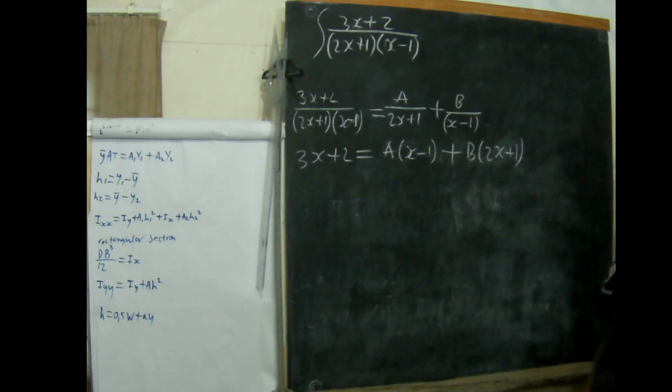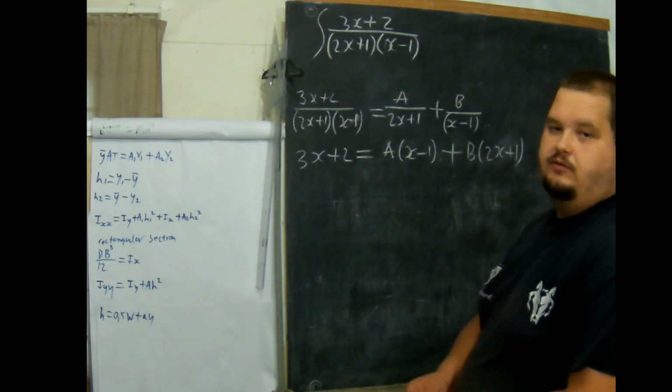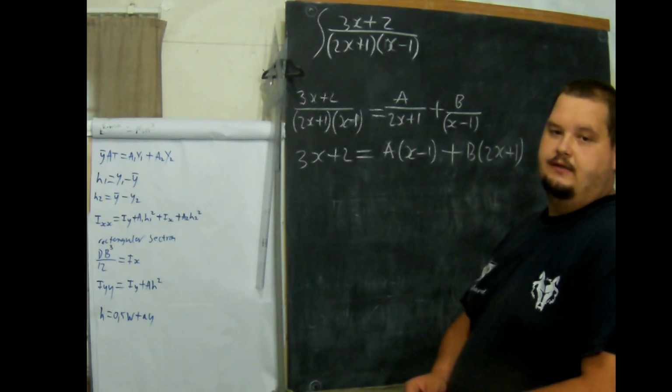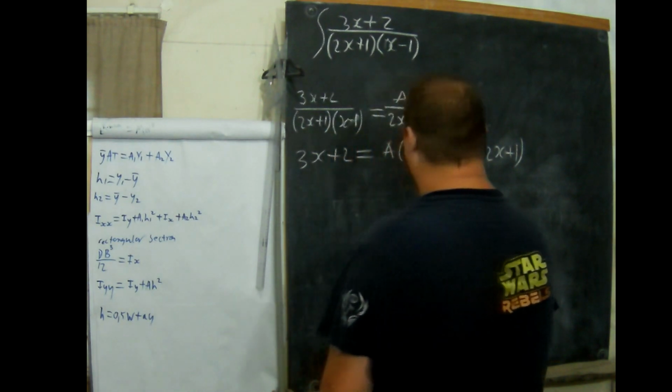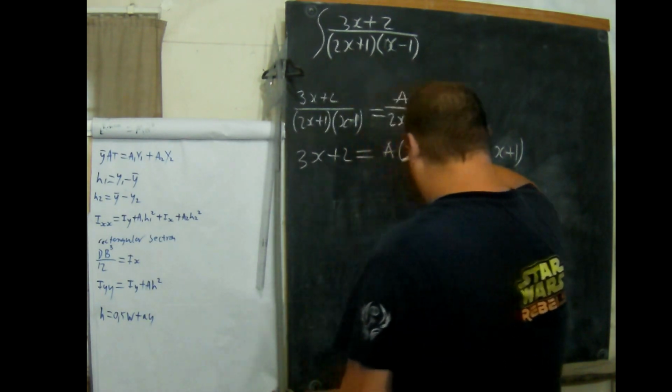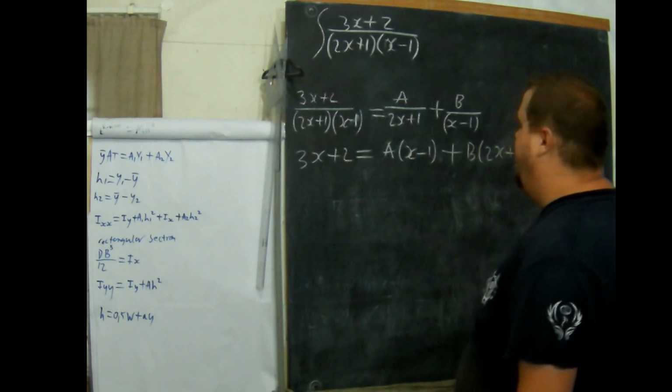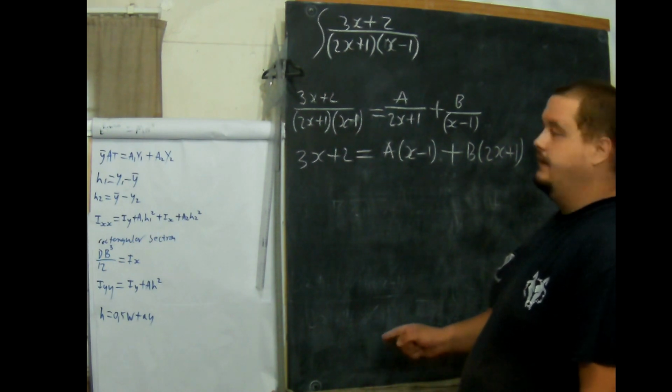So basically what we did in all our previous steps was get rid of the denominator. What we're going to do now is make x equal to something.